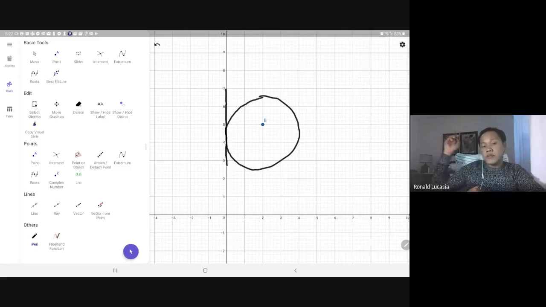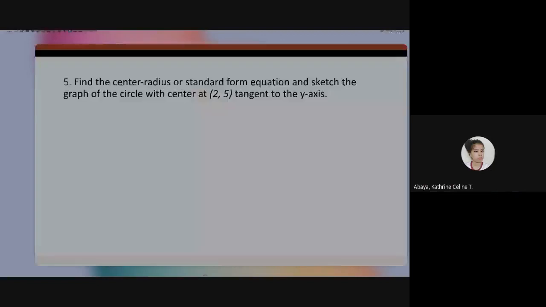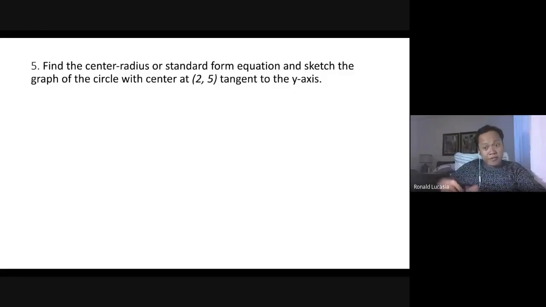Then what must be the radius? Catherine: 2 po. Okay, 2. You get the technique there? When the circle is tangent to the x-axis, the radius is the y-coordinate. When the circle is tangent to the y-axis, the radius is the x-coordinate.